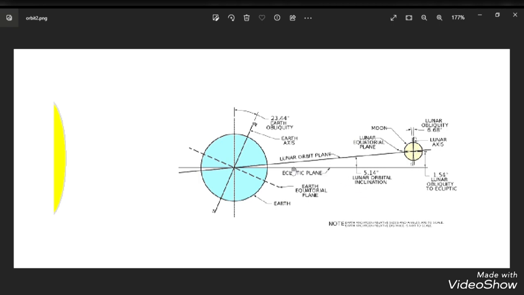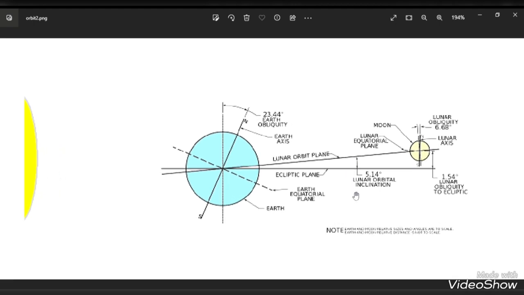This is the plane of rotation of the earth around the sun, and this one is the plane of rotation of the moon around the earth. As you see, there is an inclination between these two planes, about 5 degrees, 0.14 difference. They are not on the same plane.